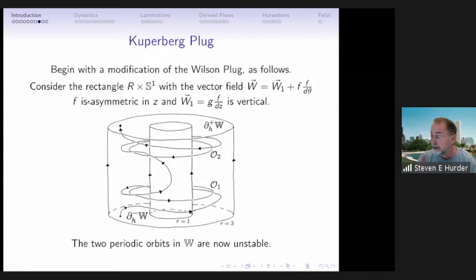Those are the strategies. Here's how, this is quick if you've never seen it or review otherwise. Here's what she did. She took the Wilson plug and she modified it by having all the orbits climbing up. The subtlety here is that the two orbits are in opposite directions, the two periodic orbits. And so if you perturb this, all those orbits are going to break open.